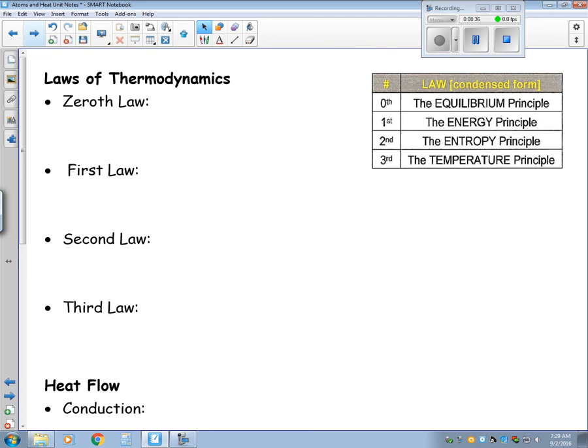Okay, so this next thing I want to do is just take a quick review of some things. So first off, let's review the zeroth law, and that's basically objects in contact tend to reach the same temperature.